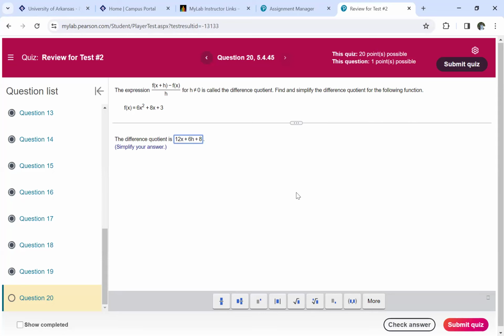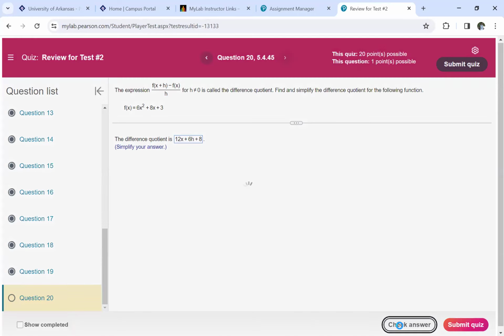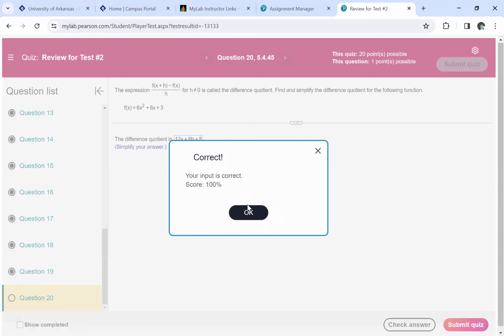All right, so y'all, your number 20, like mine, is going to have 3 things left. It'll probably have so many x's plus so many h's plus a number at the end, okay? All right, y'all, so let me check that one. So we're good to go.